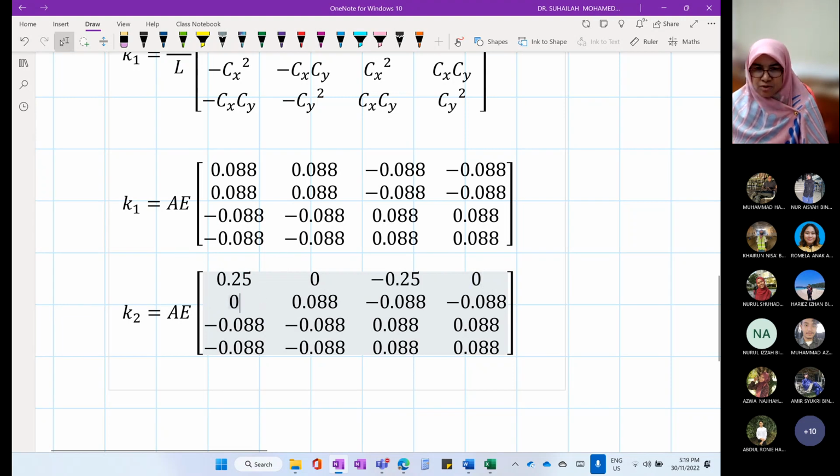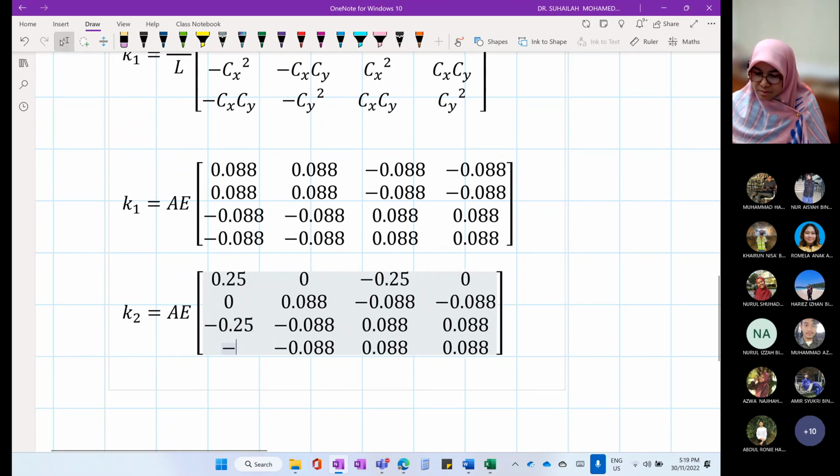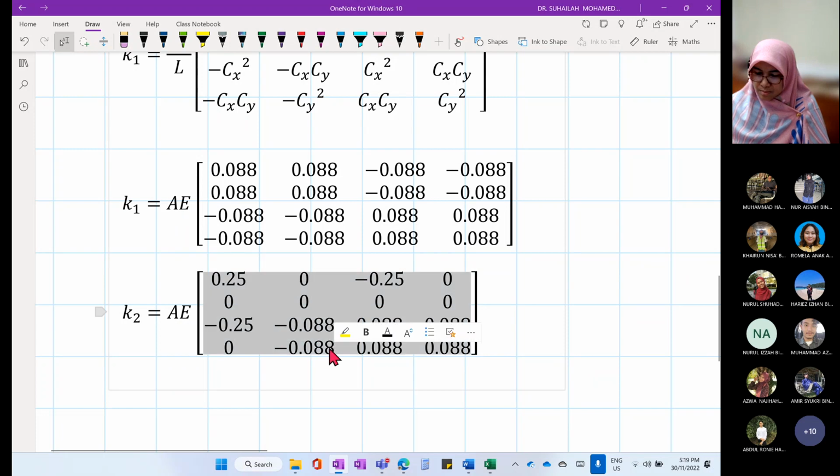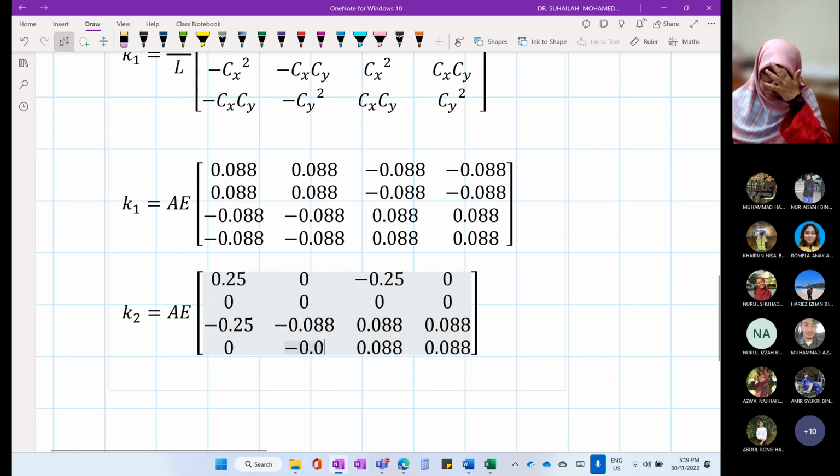And since this is a matrix, it has the matrix characteristic, it is symmetry. So this is 0, 0, 0, zero.